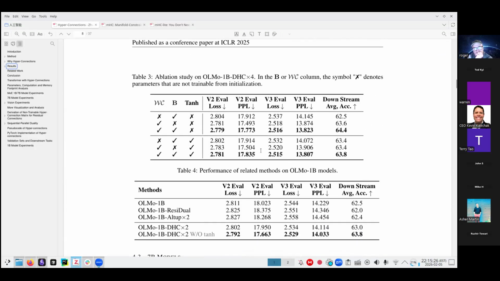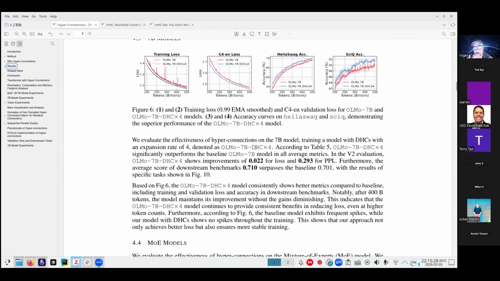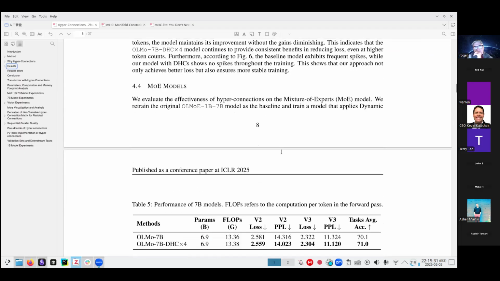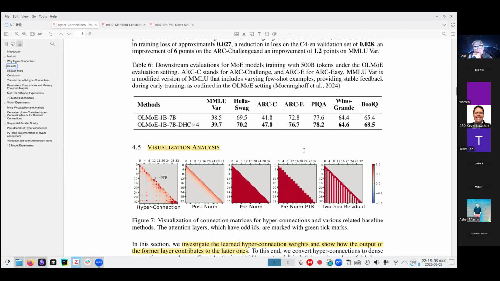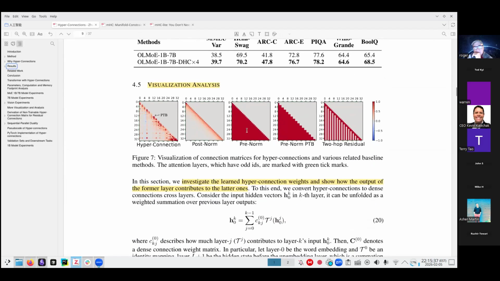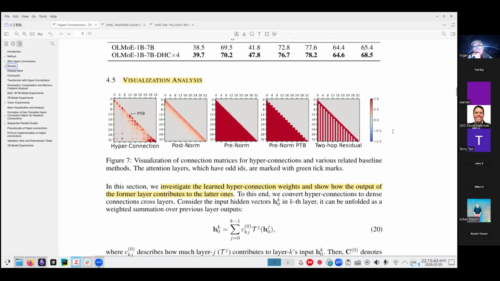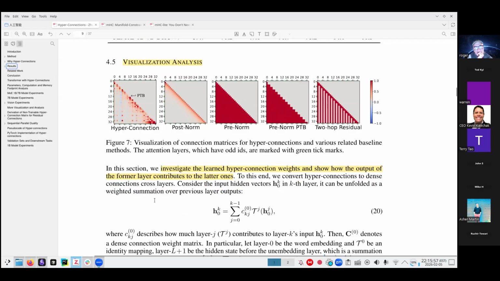Yeah, but this visualization analysis is something interesting. They draw this picture by calculating the connection strength between the hyperconnection and the transformer layer.